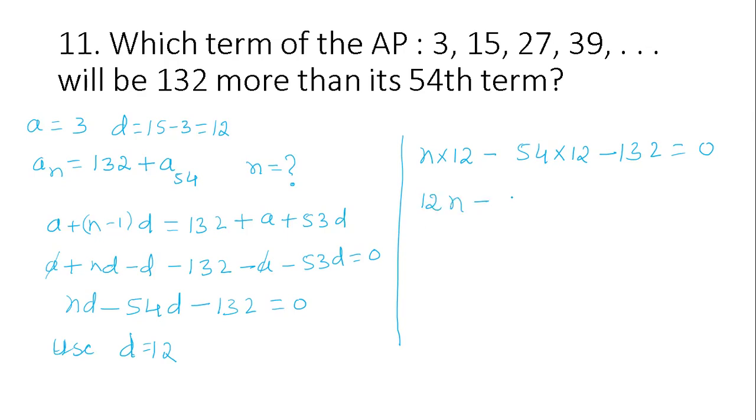12N minus 54 into 12. 12 4s are 48. Carry 4. 12 5s are 60, 64. So 648. 648 minus 132 is equal to 0. 12N is equal to 648 plus 132.